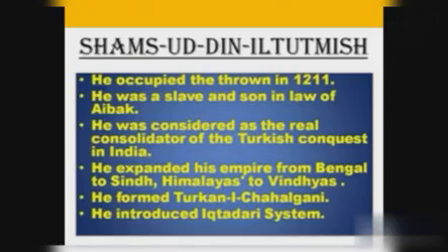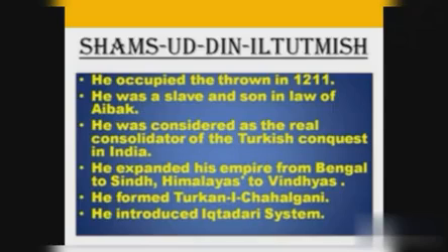Shams-ud-Din Iltutmish occupied the throne in 1211 after the death of Aibak. He was a slave and son-in-law of Aibak. He was considered the real consolidator of the Turkish conquest in India, who served as a military commander of Aibak. Iltutmish established his control over the territories by suppressing rebellions.